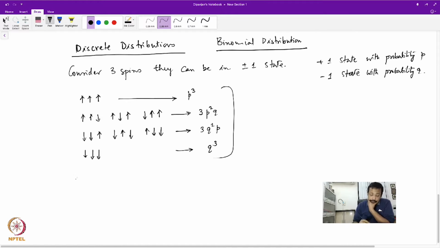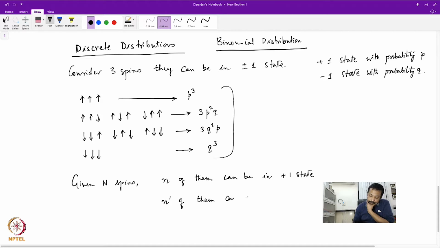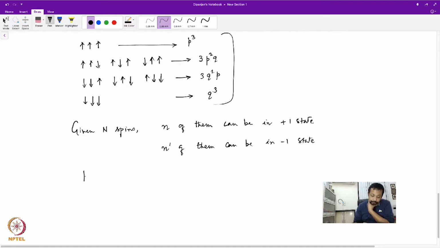So given N spins, n of them can be in the plus 1 state, and n prime of them can be in the minus 1 state, right? So therefore we want to ask P_N of n comma n prime, correct?